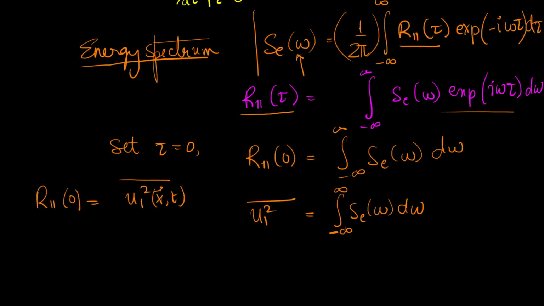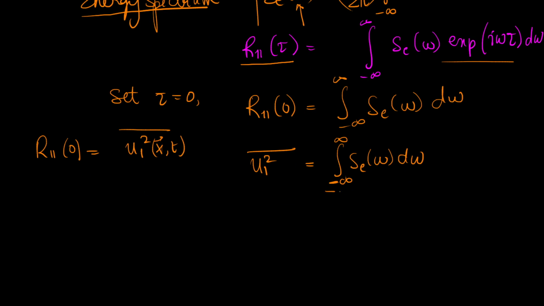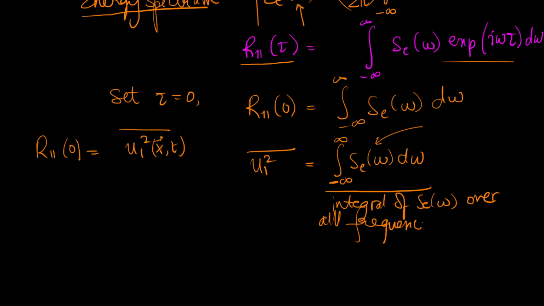And this means that the total integral of the wave, not the wave, but the spectrum over all the frequencies, so this is the integral of the Fourier transform over all frequencies, and that is giving us the fluctuation squared, u.